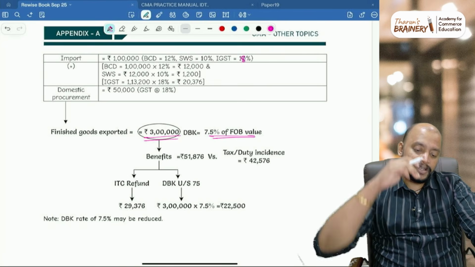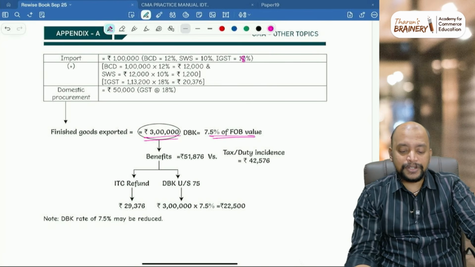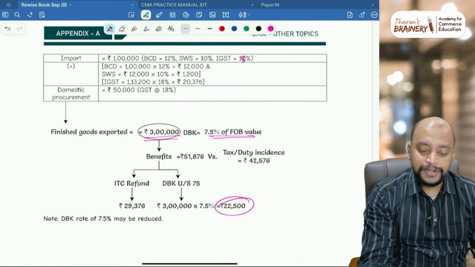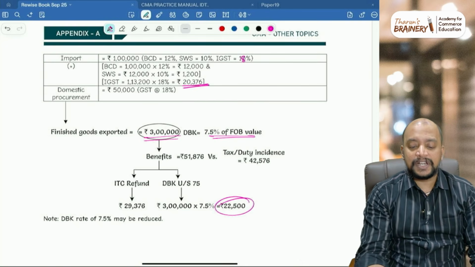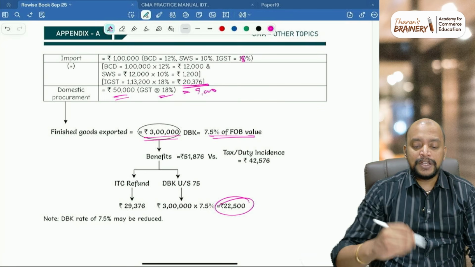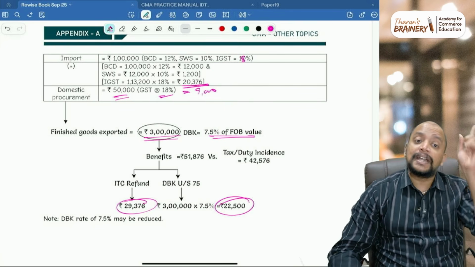First you will be getting 22,500 as duty drawback, plus the GST paid, you can take ITC. So this IGST 20,376 plus 50,000 into 18%, that is 9,000. So this 29,376 you can take as ITC refund under GST.